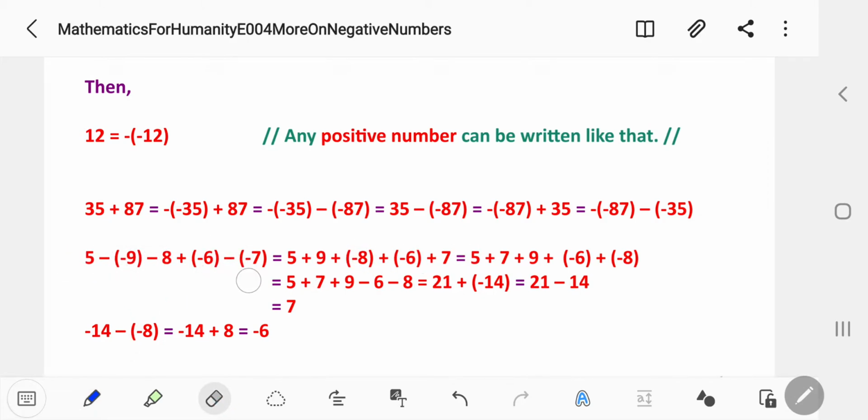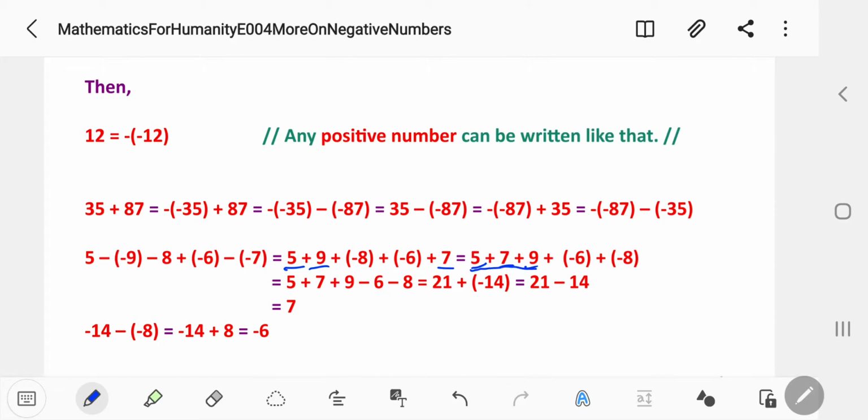So what to do next? You can rearrange the numbers. When you're adding numbers, you can rearrange them. So you can group all the positive on the left side, and then write the negative numbers after them. For example, 5, you can write 5 here. 7 you can write next to 5, and then 9 you can write next to 7.